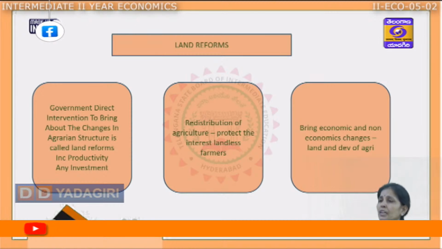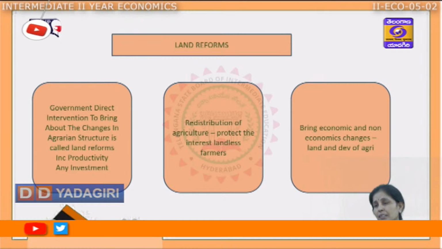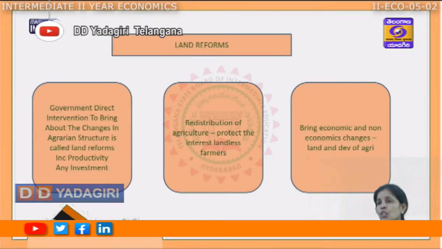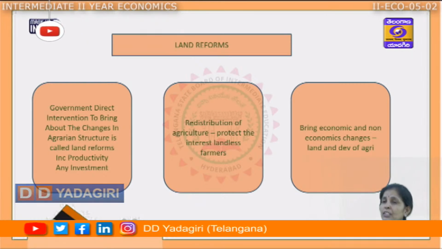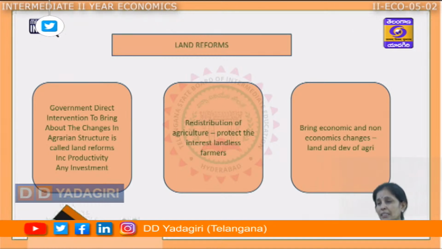The main objective of land reforms is to increase productivity. So the intervention of the government, or any revolutionary changes by the government on agriculture, is defined as land reforms.